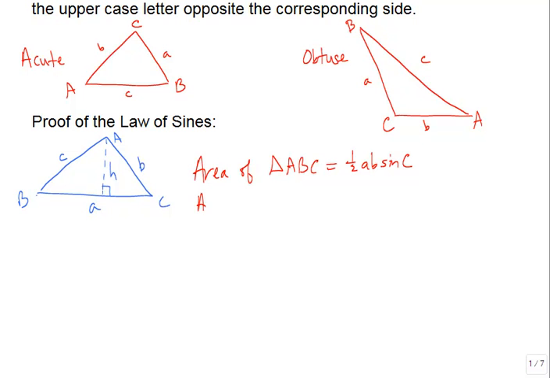Now, what if I had chosen to find this area in a different way instead? What if instead I had used these 2 sides over here, side a and side c?